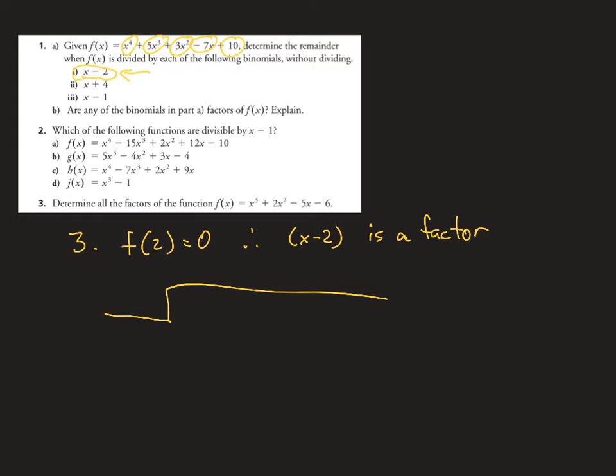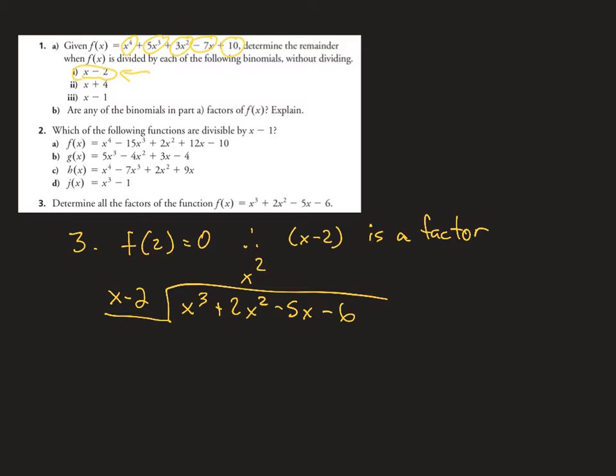So number 3. We know that f of 2 equals 0. Therefore, x minus 2 is a factor. Let's divide it and see what's left. So let's go x minus 2 into x cubed plus 2x squared minus 5x minus 6.